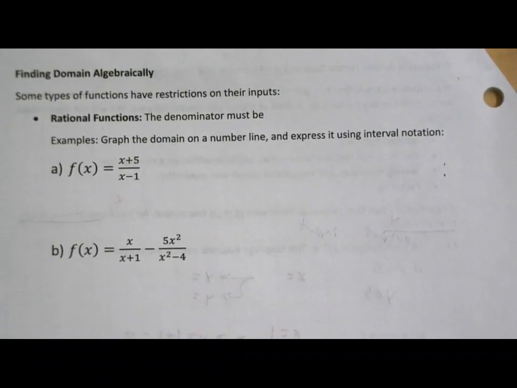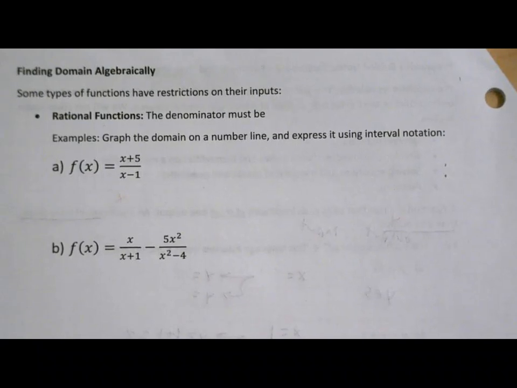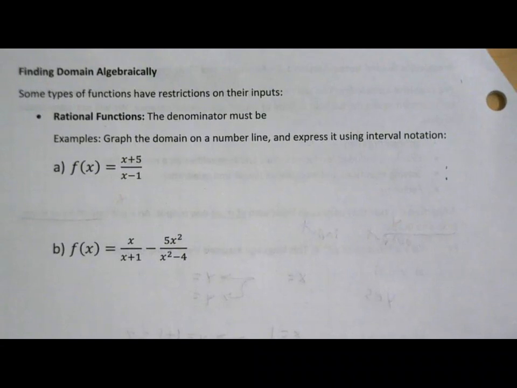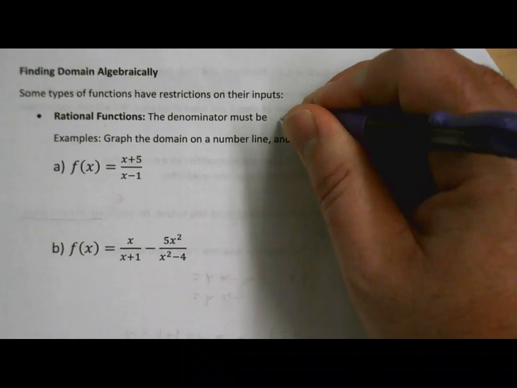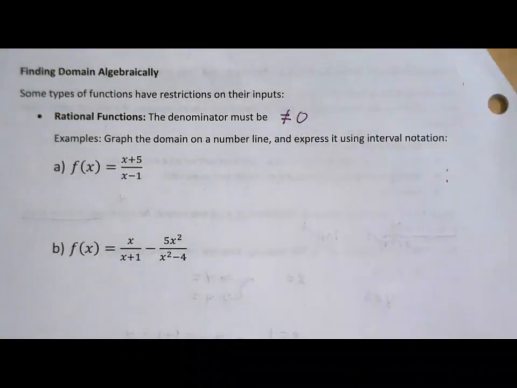We can never divide by 0. There can never be a 0 on the bottom of a fraction. That breaks the fraction. That is undefined. So the first thing that we're going to look for is, does our function have fractions? And if it does, we need to say that the denominator must be not equal to 0.